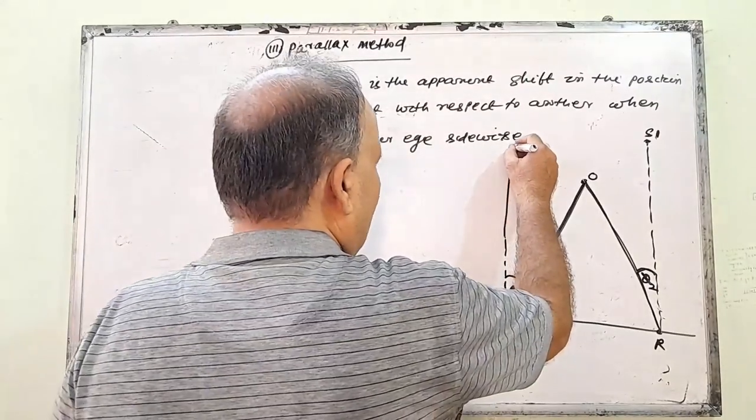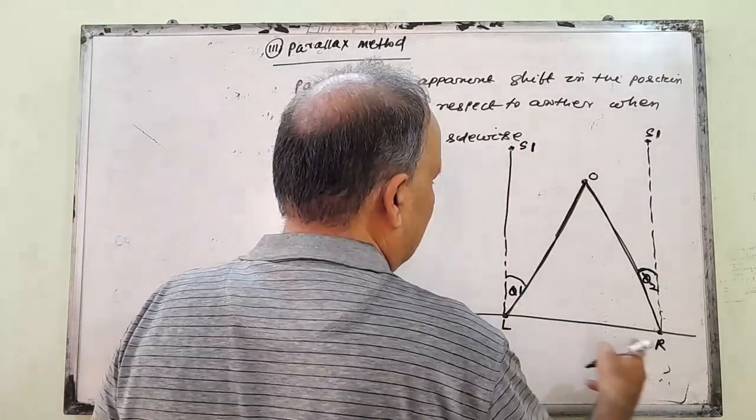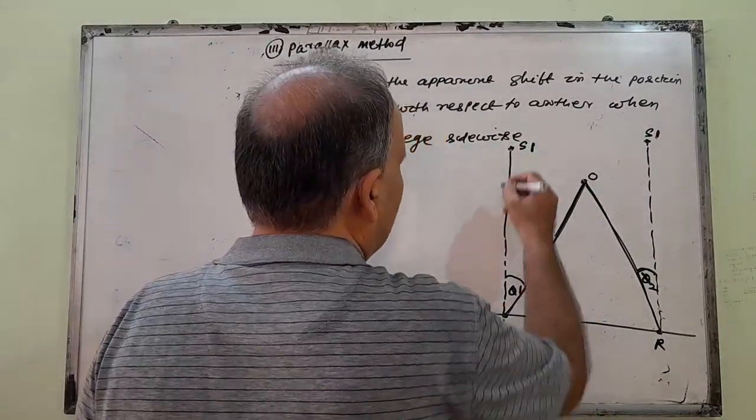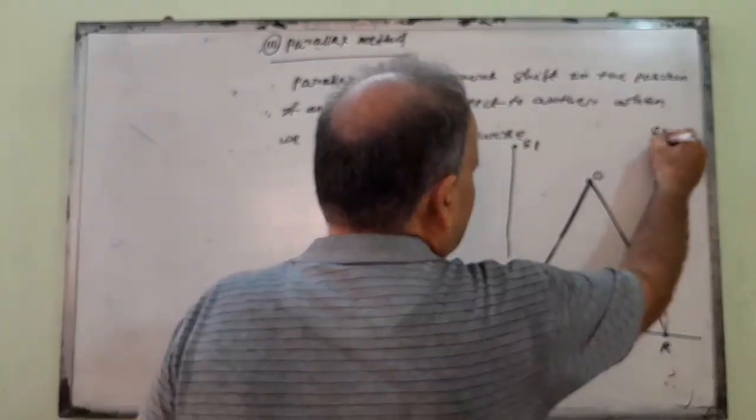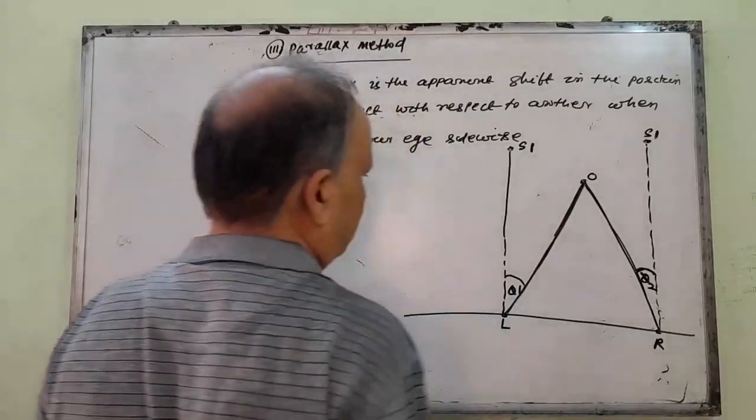These are one point, but when we see it in the left eye we see as if it is here, and when we see it in the right eye we see as if it is here, that S1 is here.